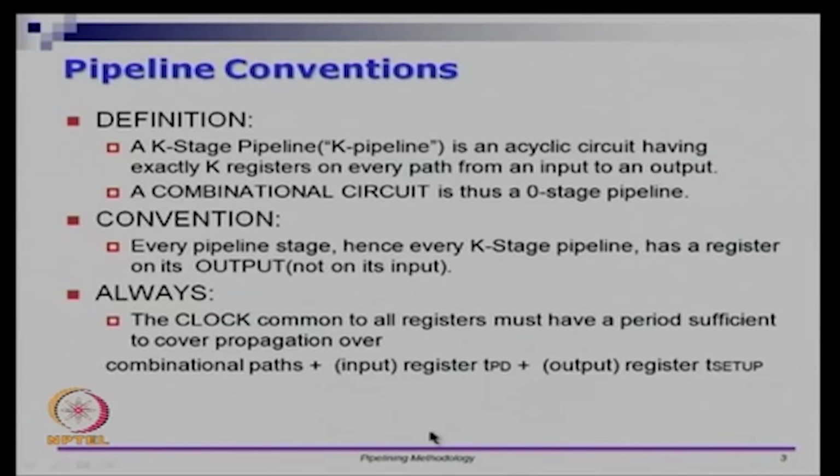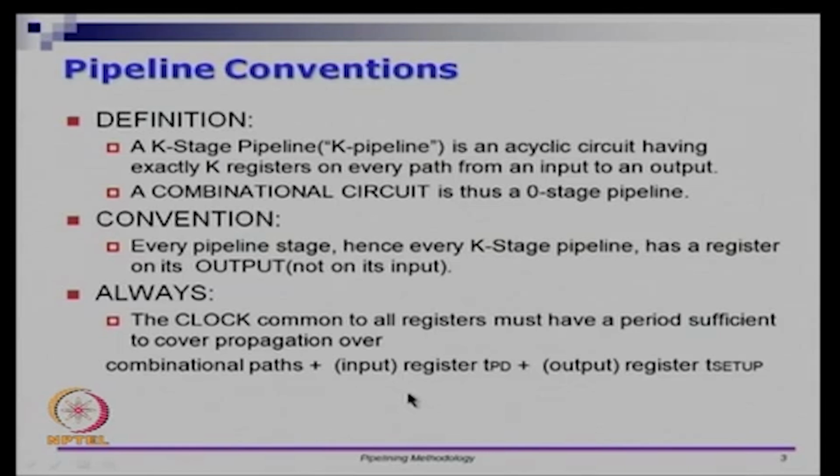We already looked at this. This is the clock to Q delay plus the logic delay plus the setup time. That is the worst case time period. We already talked about this in week 6 when we talked about sequential circuits. It is the same thing here.